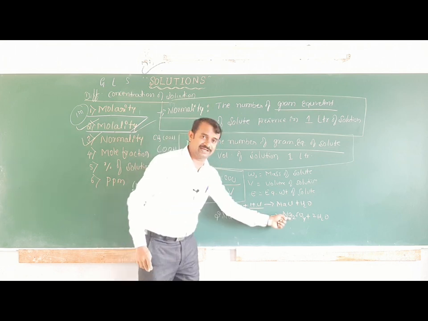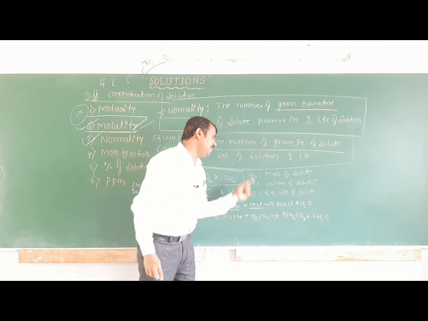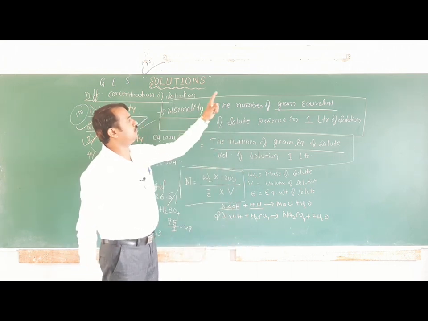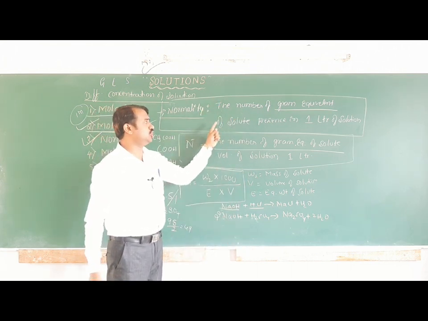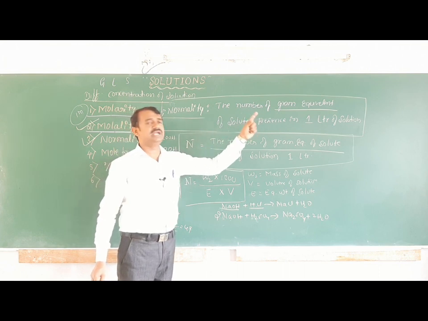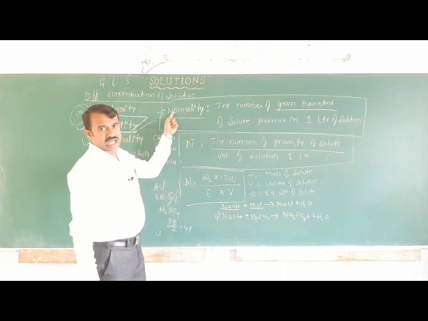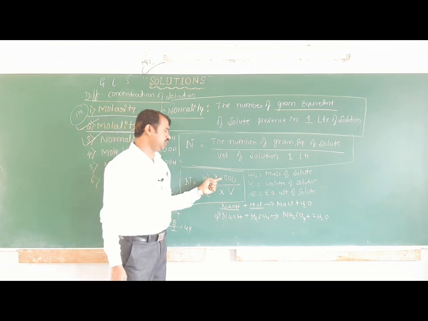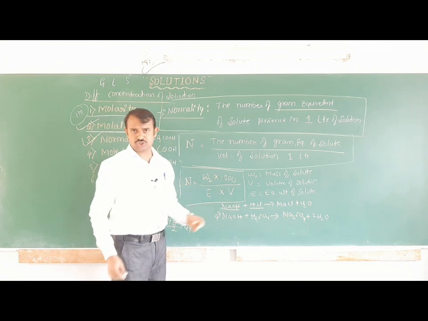Now it will balance. This is normality: the number of gram equivalents of solute present in 1 liter of the solution. The formula is N equals W2 into 1000 divided by E into V.